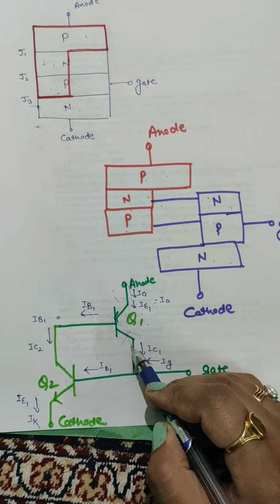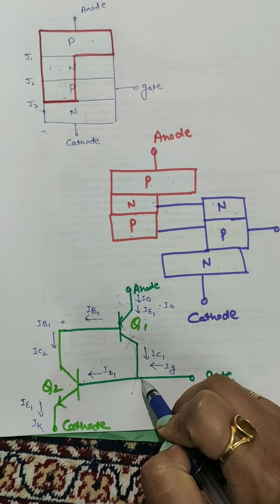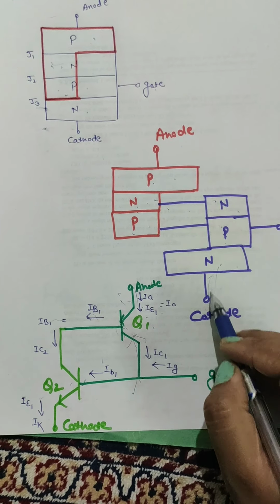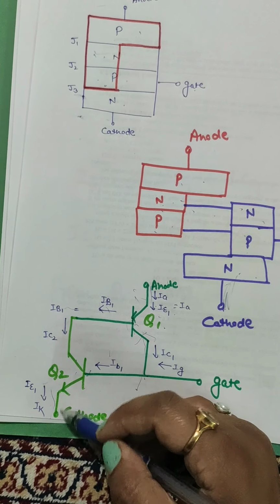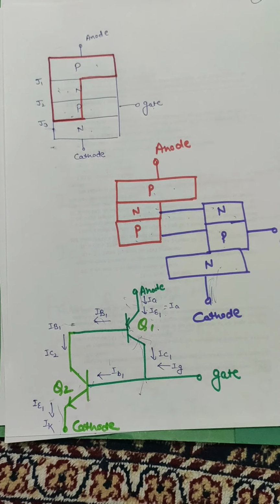The second collector is connected to the first transistor, and this is the emitter of the NPN transistor. So this is the connection.